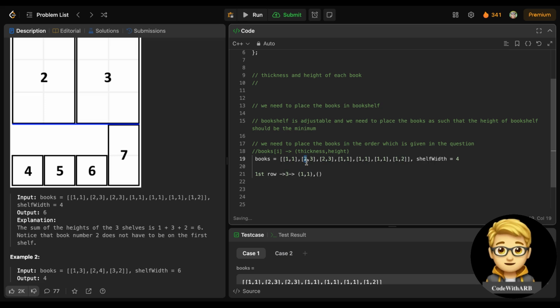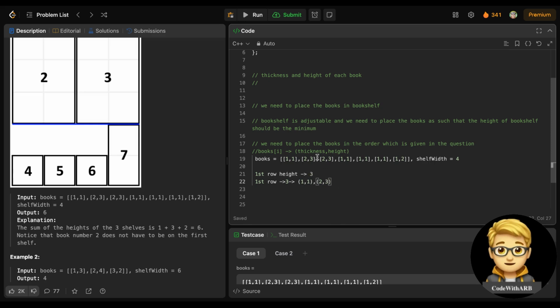The thickness is 2 and we still have shelf width left, so we can place it. But the height is 3. It means the first row height now becomes 3, because the first book has height 1 but the second book has height 3, so the maximum is 3.